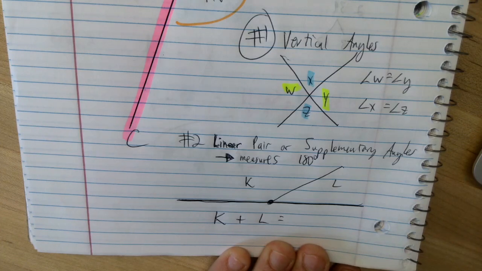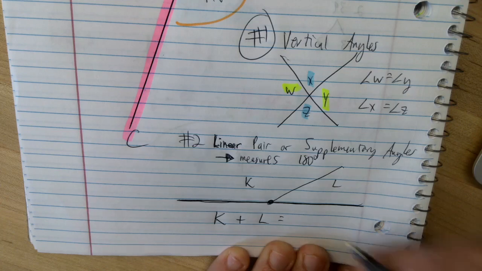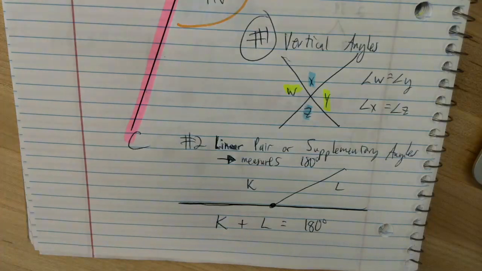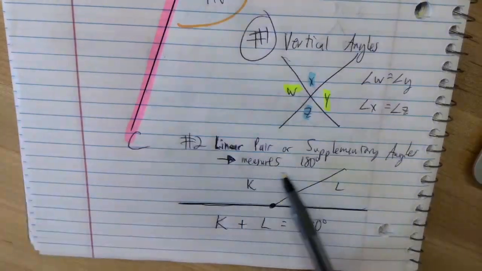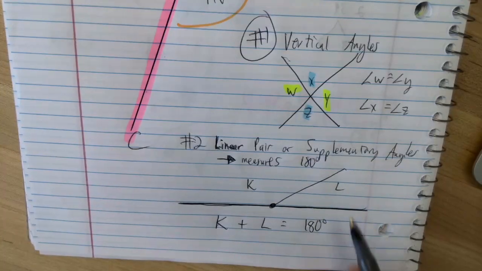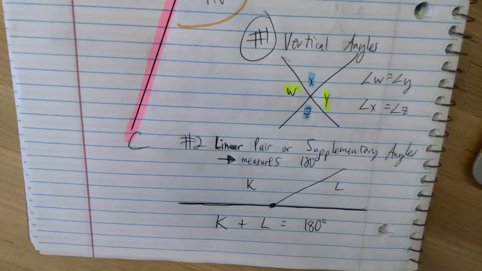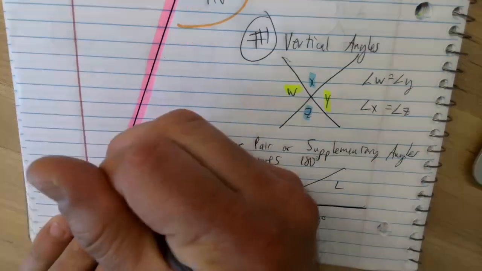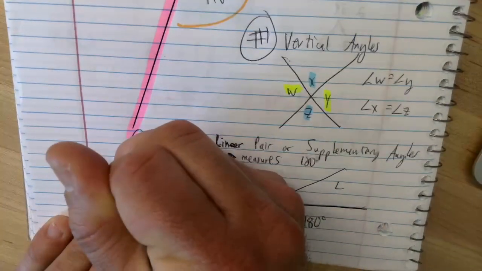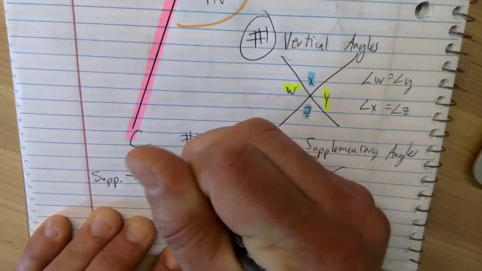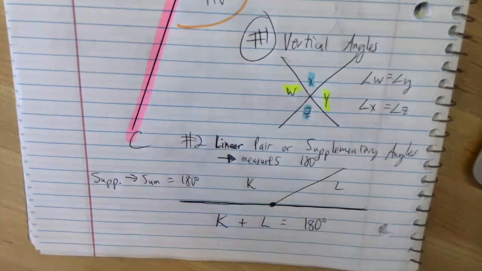They form a line, and a line has a measure of 180. So, 180 degrees. A linear pair means the two angles are supplementary. Again, supplementary means their sum is 180. So, I'm going to abbreviate here. That means the sum equals 180 degrees.